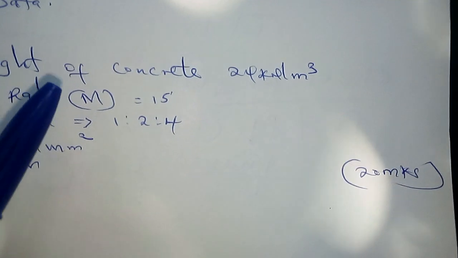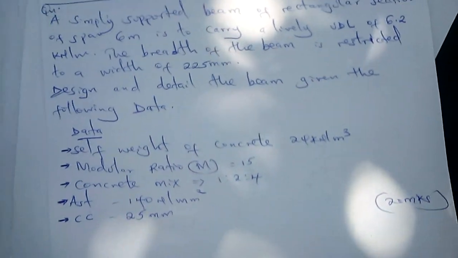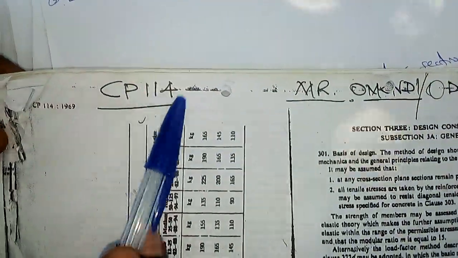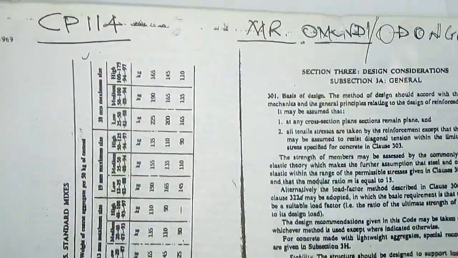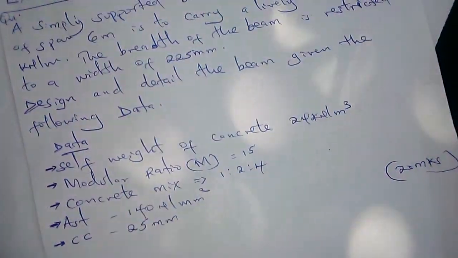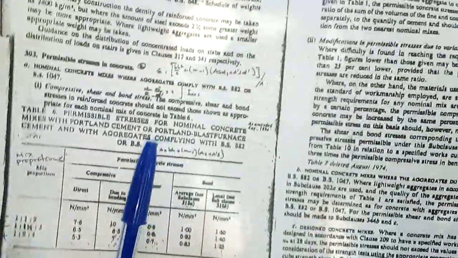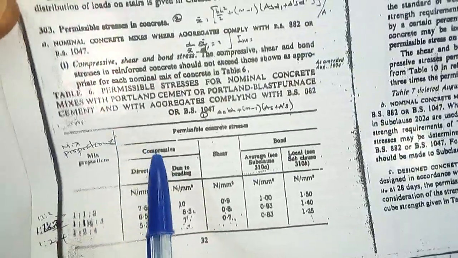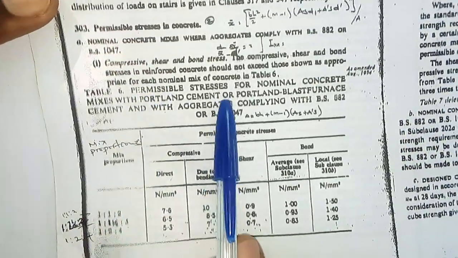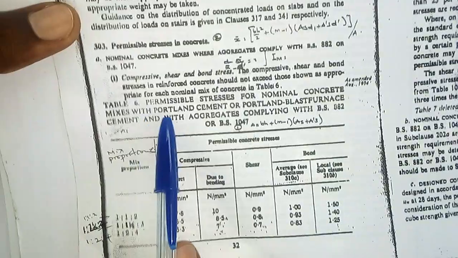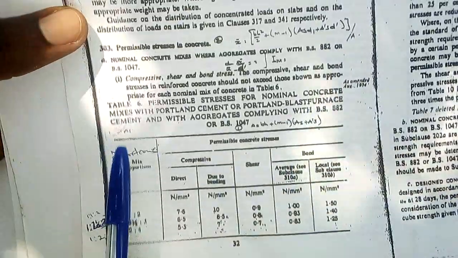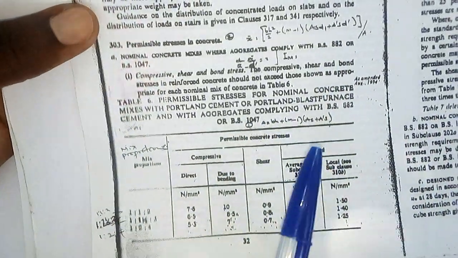Now before we tackle this question, let me show you parts of the table. This is CP 114, code of practice, and we can check into our table. This is table 6, called permissible stresses for nominal concrete mix with Portland cement or Portland blast furnace cement and with aggregate complying with BS.